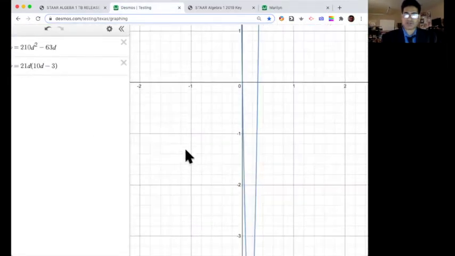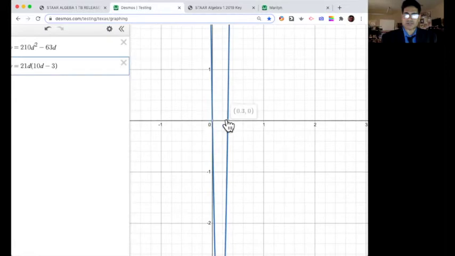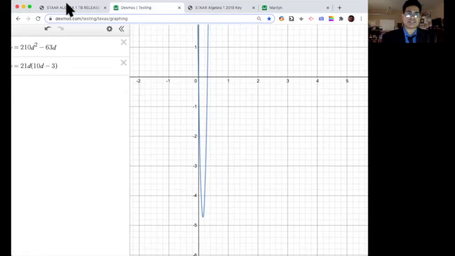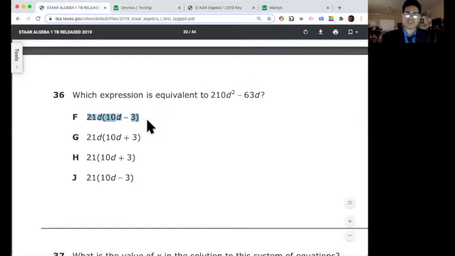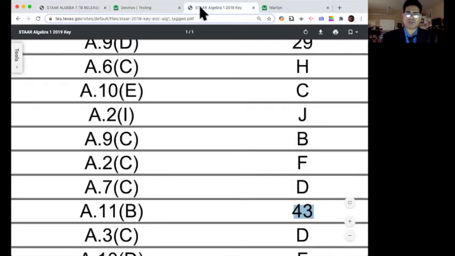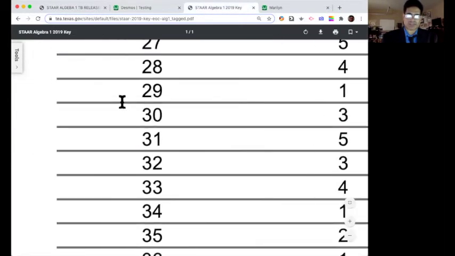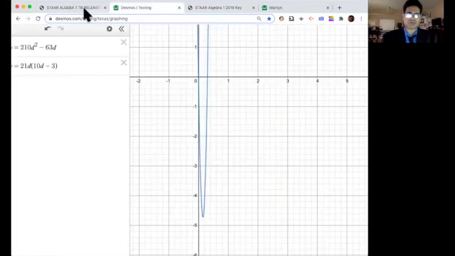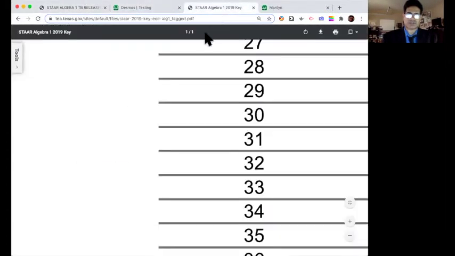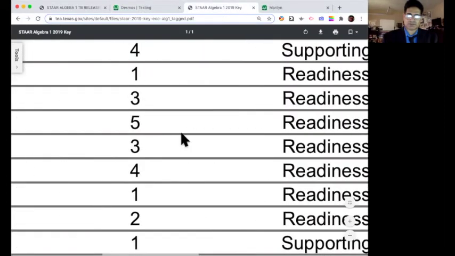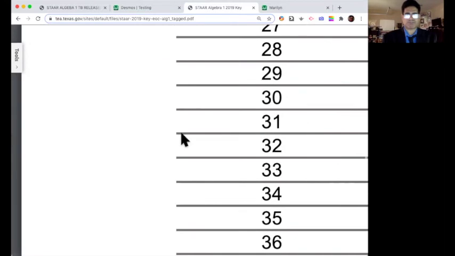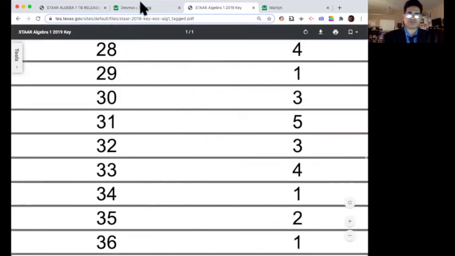Remember, we're looking for the equivalent, right? Same zeros. And in this one, we actually have the choices. We can try all of these, but I'm pretty comfortable, and if I'm wrong, we'll just go back and try the next ones. But this question 36, and there's F, the very first one. Thank you, Desmos, for saving us that time.